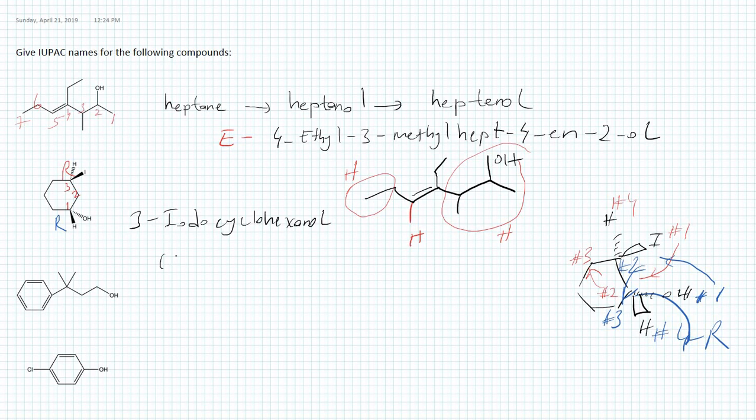We have (1R,3R)-3-iodocyclohexanol. Sometimes people are tempted to say, since the hydroxide and iodine are on opposite faces of the cyclohexane, we can say trans, but it's not correct, because the opposite, with hydroxide coming out of the paper plane and iodine going inside the paper plane, can also be trans, but they are going to be the S,S configuration.